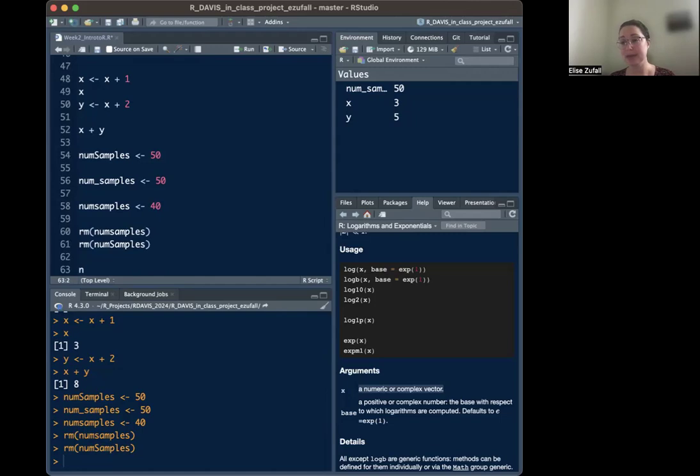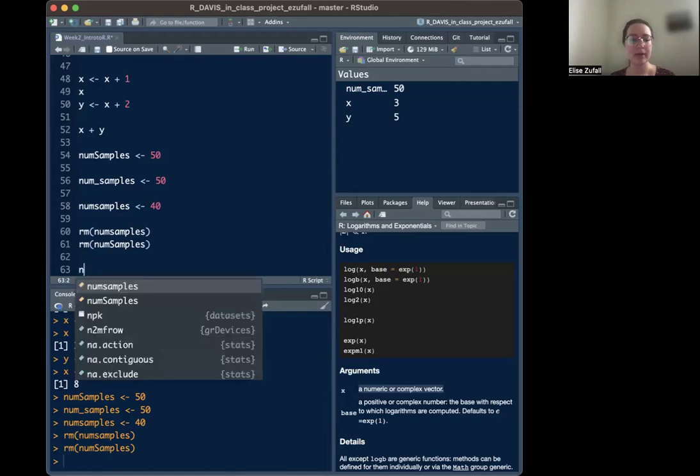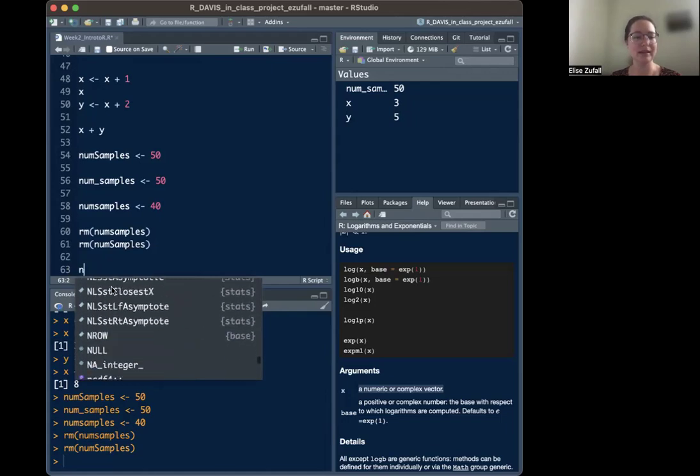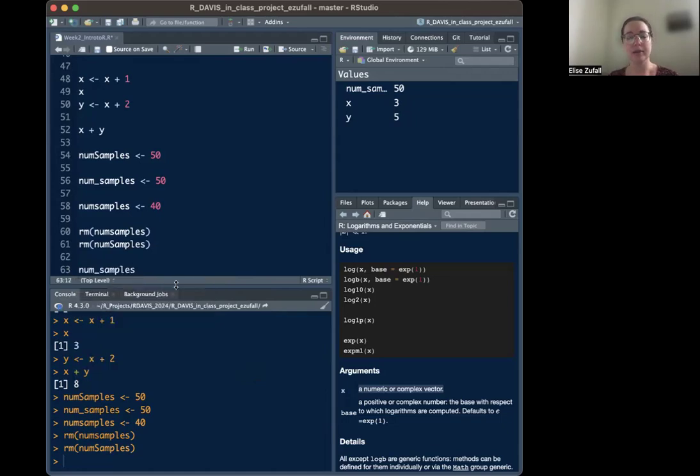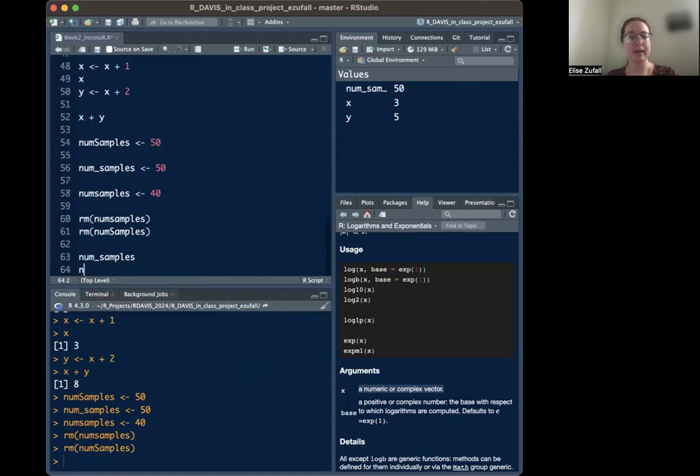So if I just type the letter N and then I hit tab, a window comes up showing me all the different options of recent variables that I might want that start with the letter N. So, for instance, num samples comes right up and I can click on that. Or I can arrow down and hit enter, or just hit tab again. And that will complete the entire word, which is super useful.